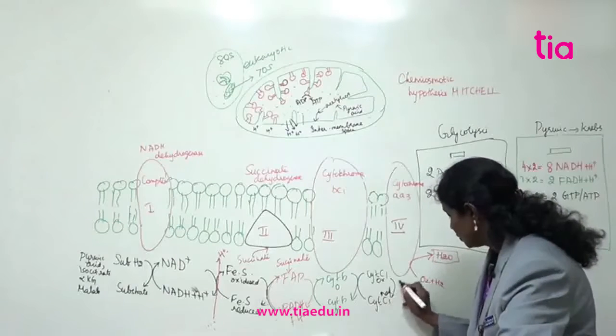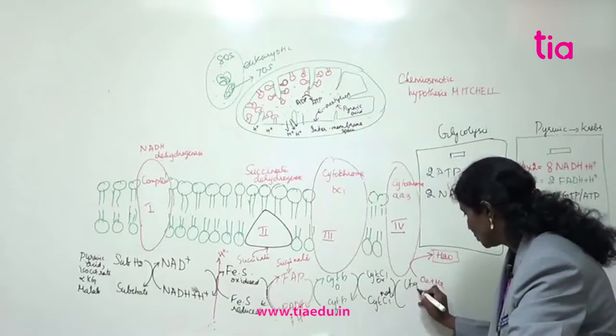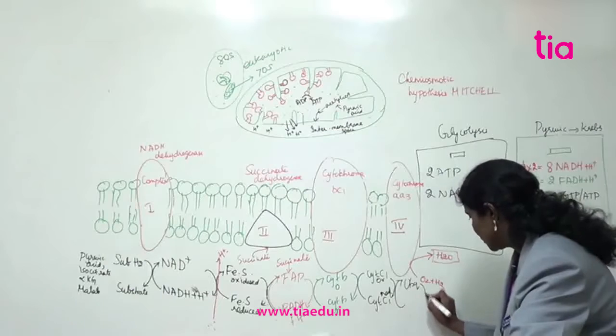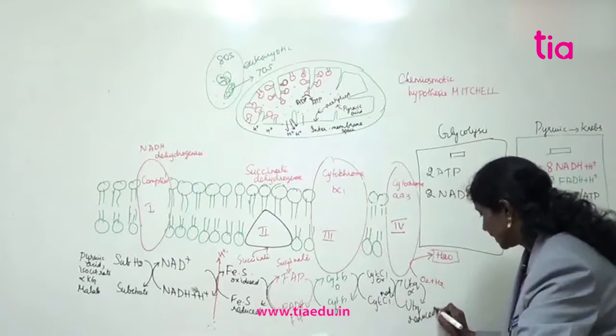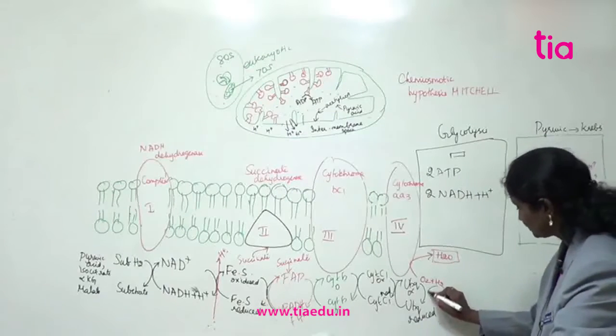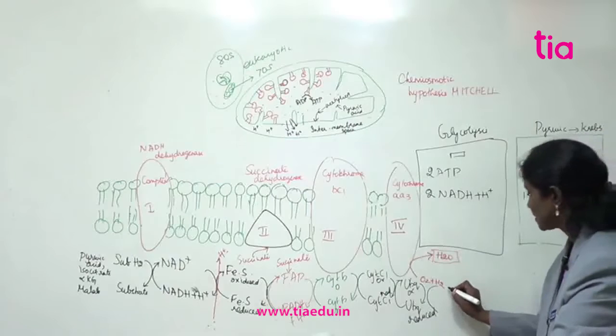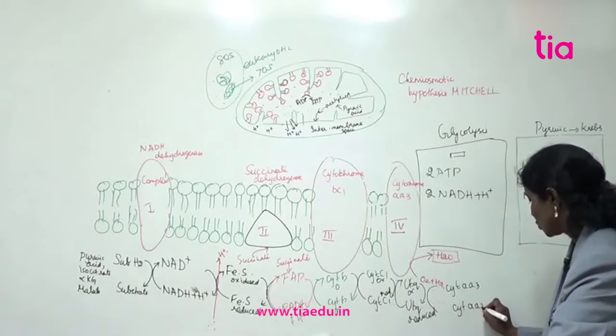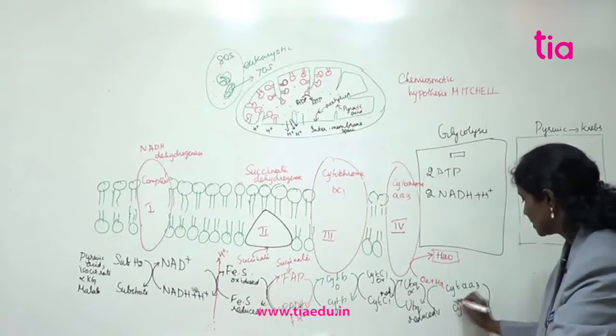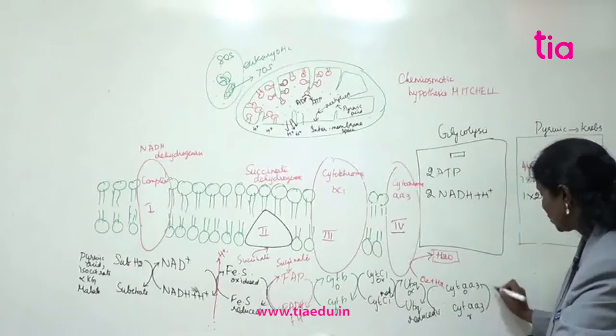Then ubiquinones, oxidized, reduced. Then the last one, cytochrome AA3. I'll put it together because of lack of space. Cytochrome AA3, oxidized, reduced.